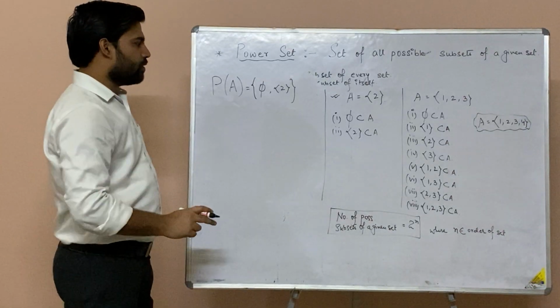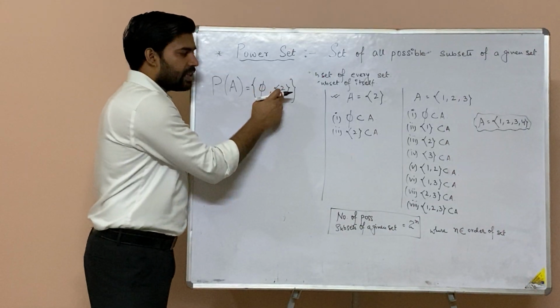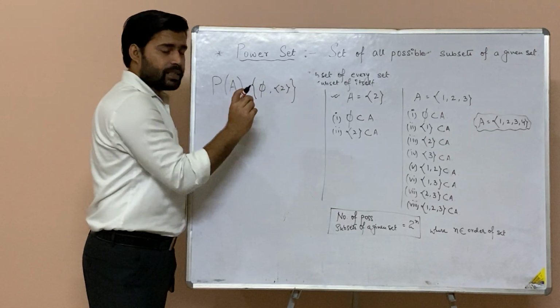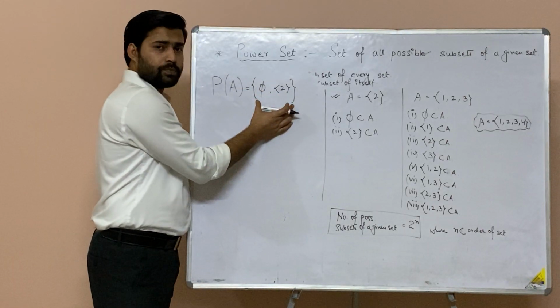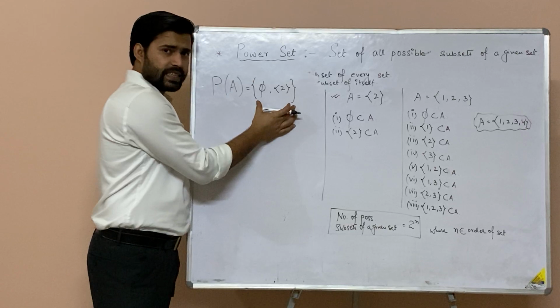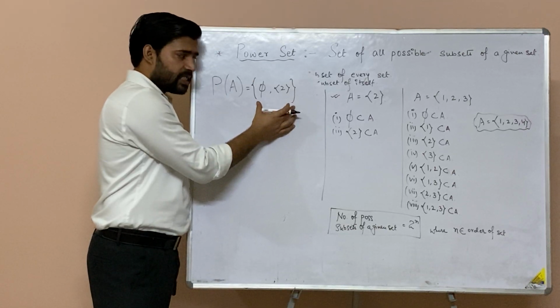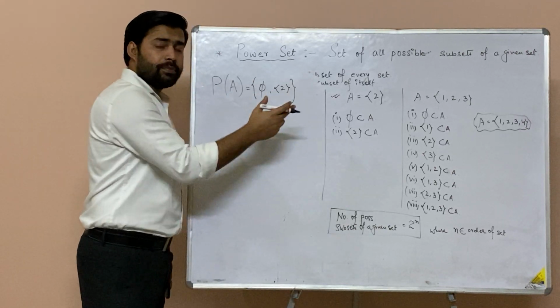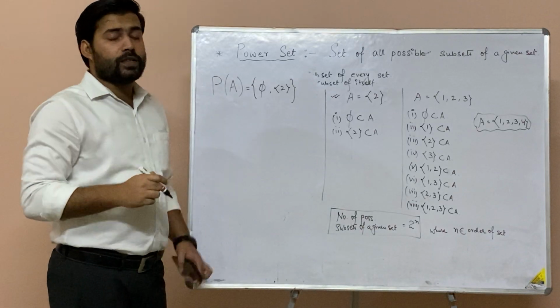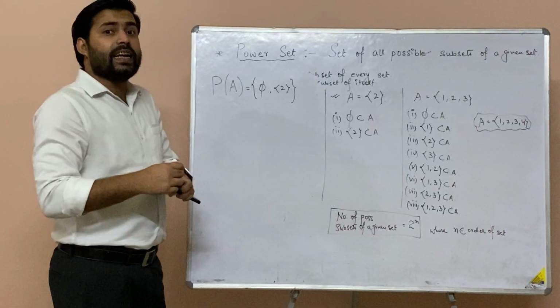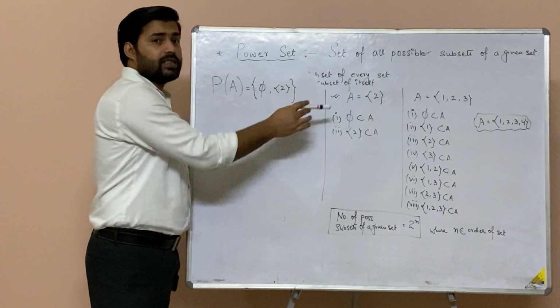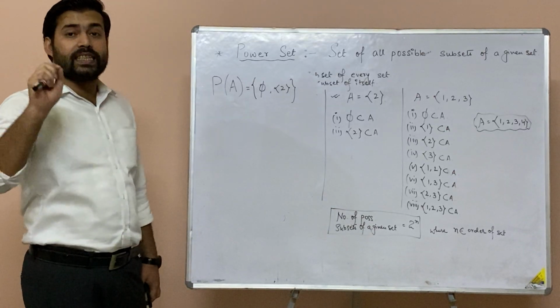Here you need to understand one thing, that these things are elements. This is the place for elements. Since this is my set, this is my power set, these are the elements of the power set. But the point that should be noted over here is that the elements are in themselves sets.